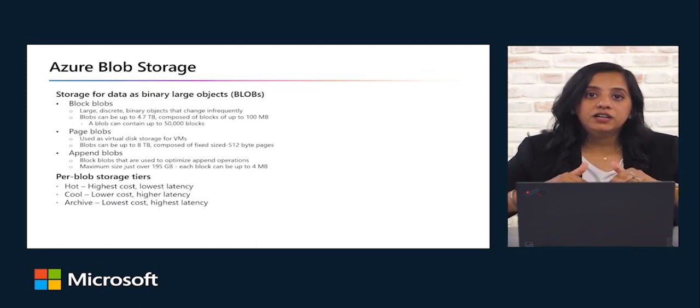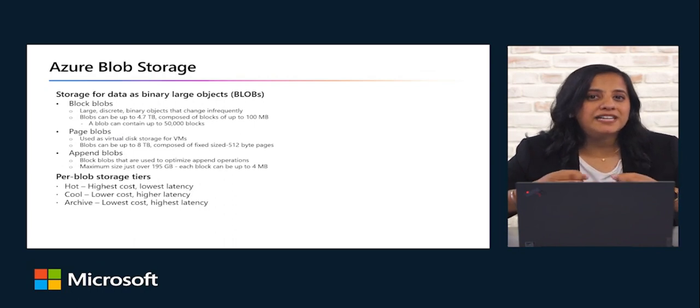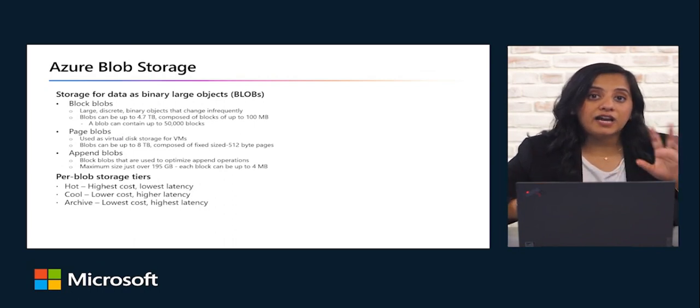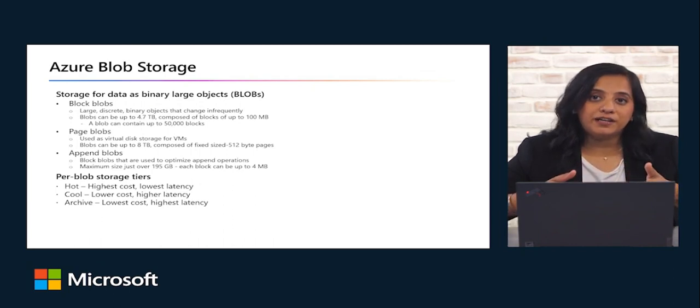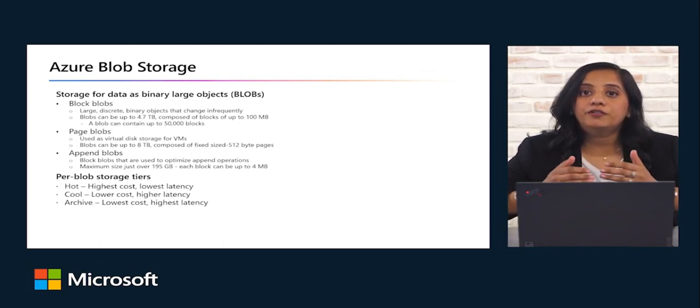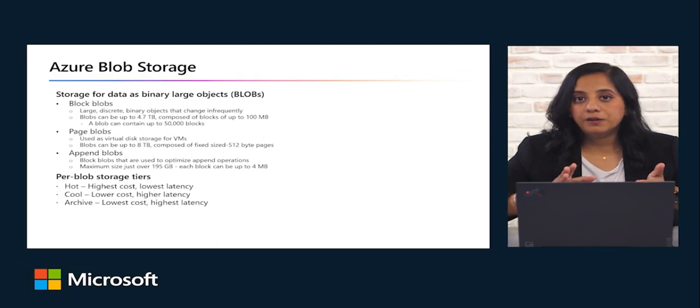Blobs in the archive tier are effectively stored in an offline state. So typical reading latency for the hot and cool tier is a few milliseconds, but for the archive tier, it can take hours for the data to become available. To retrieve a blob from the archive tier, you must change the access tier to hot tier or cool tier.